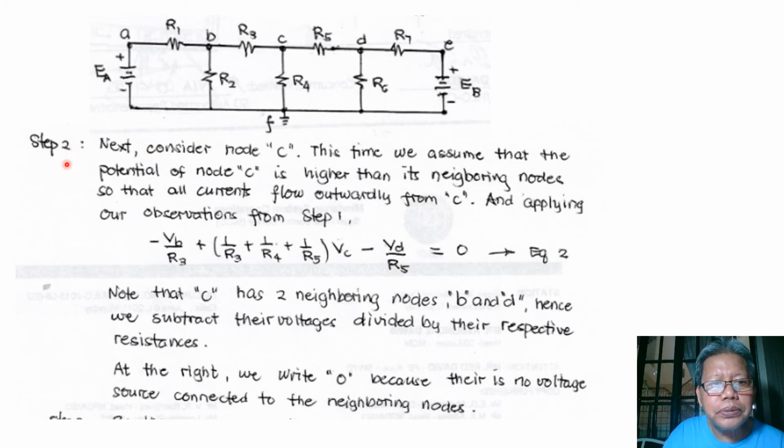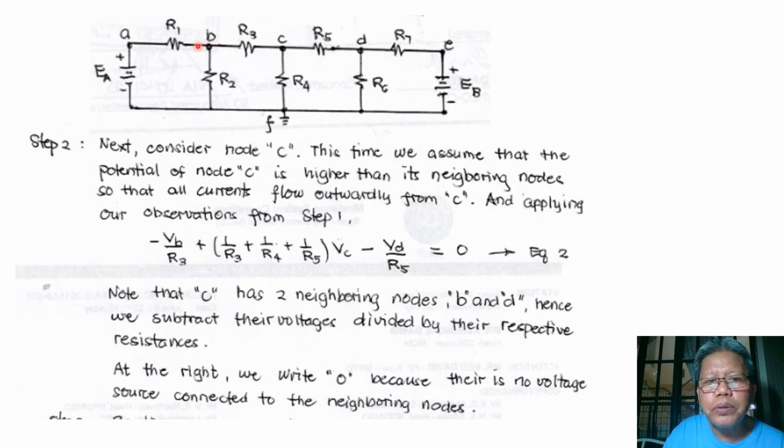So we go to step 2. The next node that we're going to consider is node C. This time, we will assume that the potential at node C is higher than its neighboring nodes. So again, the potential of C is higher than B and higher than D also.